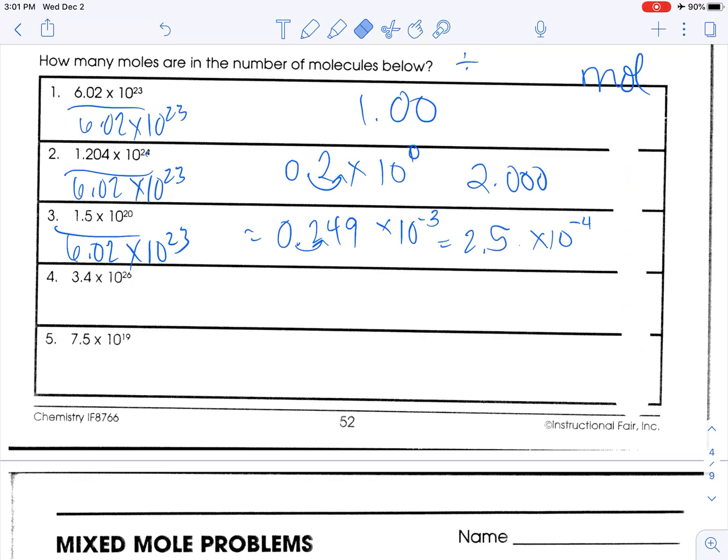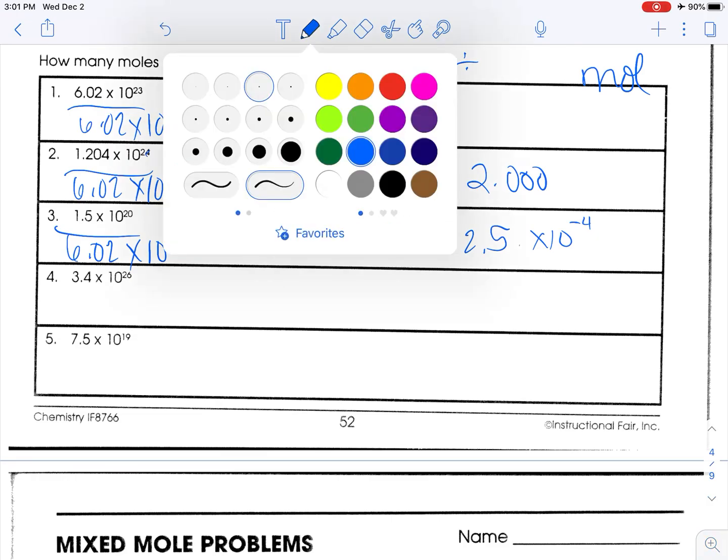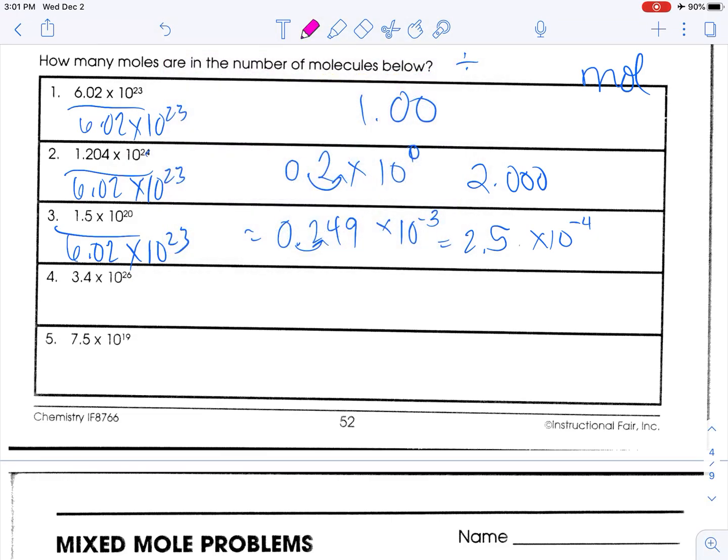Now, if you are not a scientific notation person, which get with it, you can also include 1, 2, 3, 0.00025, and this is moles. That would also work.